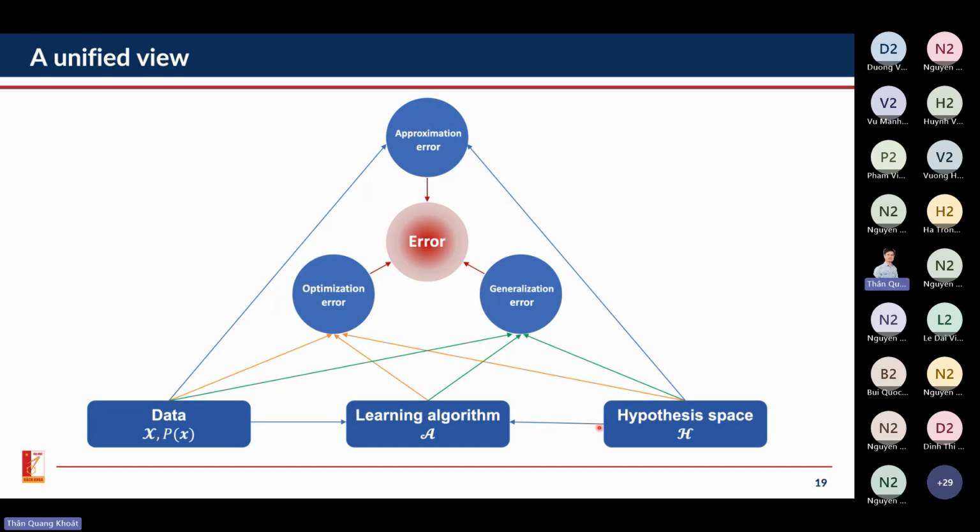When we choose a very small, simple model, then the optimization error can be small. But when we choose a very complex model, a very complex architecture, then the optimization error can be high for a bad learner, right? You see that?